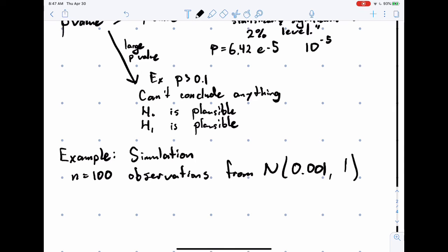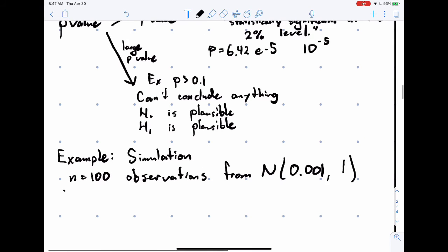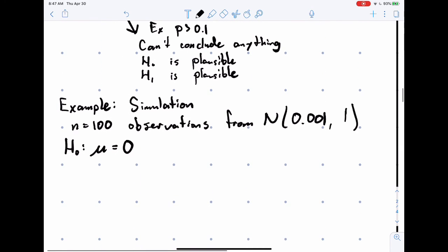Okay? So I test the hypothesis H0 that mu is equal to 0. I know for a fact that H0 is false because mu is actually 0.001. So H0 is for sure wrong.